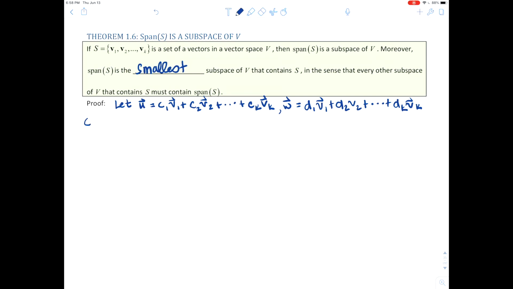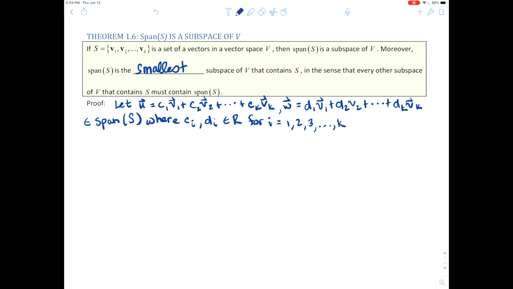These belong to the span of S, where ci and di belong to the real numbers for i equal 1, 2, 3, all the way down to k.